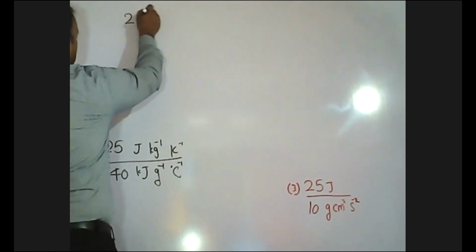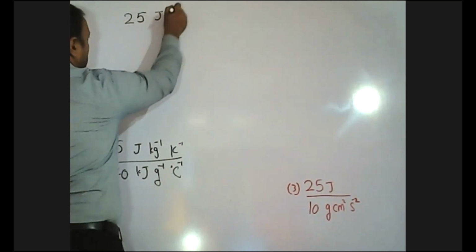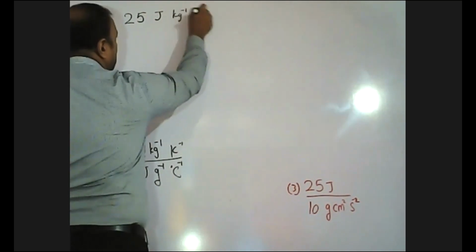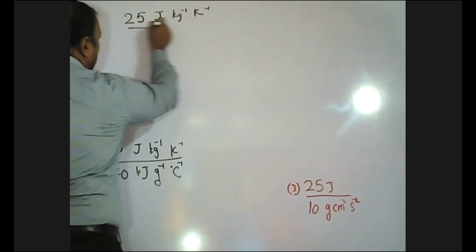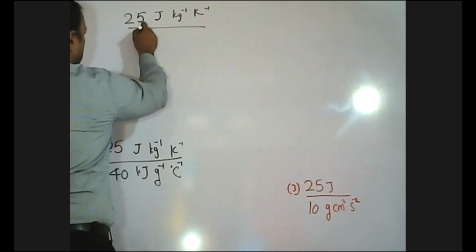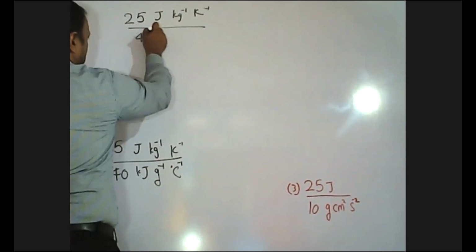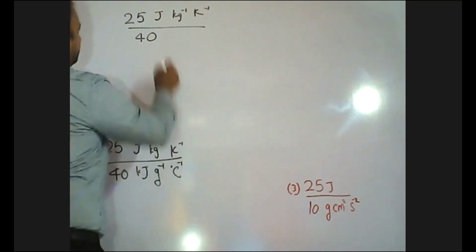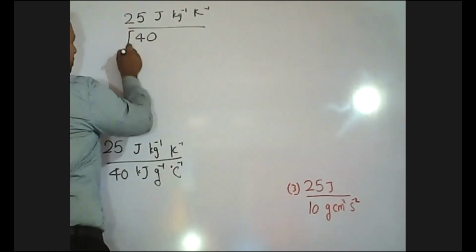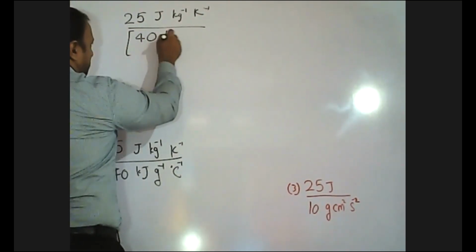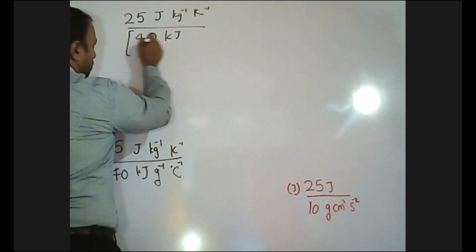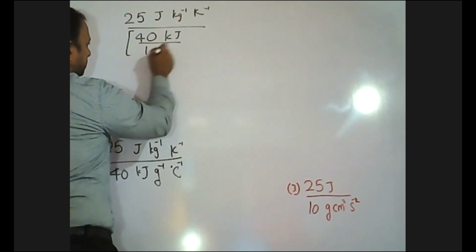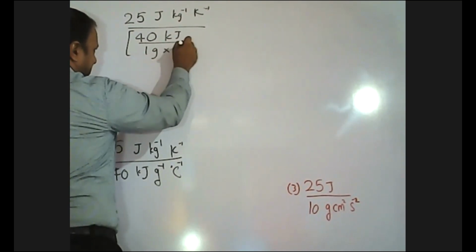So 25 joule kg minus 1 Kelvin minus 1 over 40 kilojoule over 1 gram into 1 Celsius, and I have to convert this one.